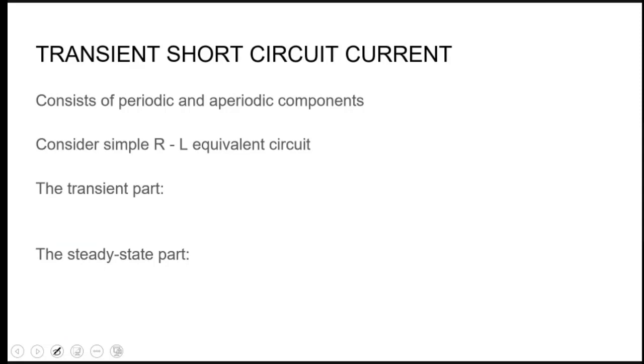Now consider a simple RL equivalent circuit with a switch like this, a resistor R and an inductor L. This is the voltage source, Vm sine omega t plus alpha, a sinusoidal voltage.